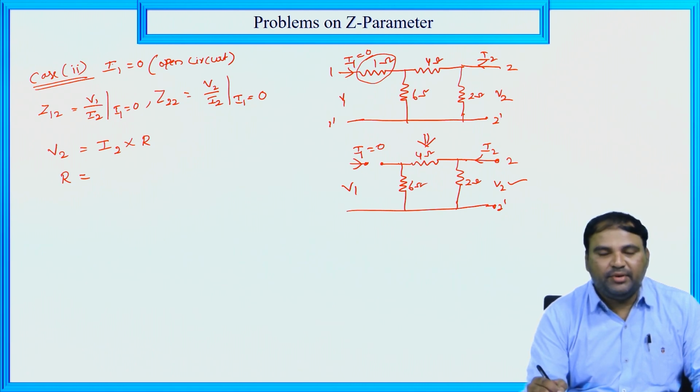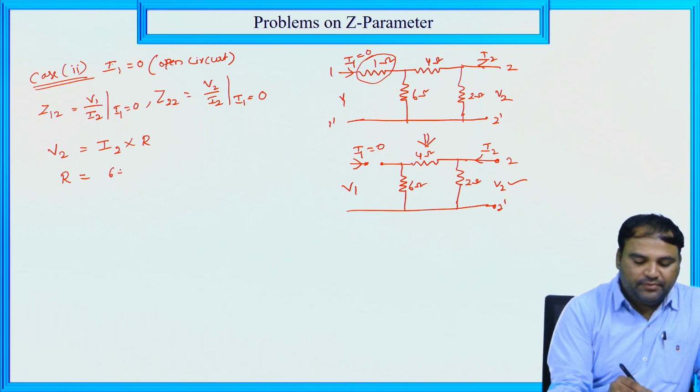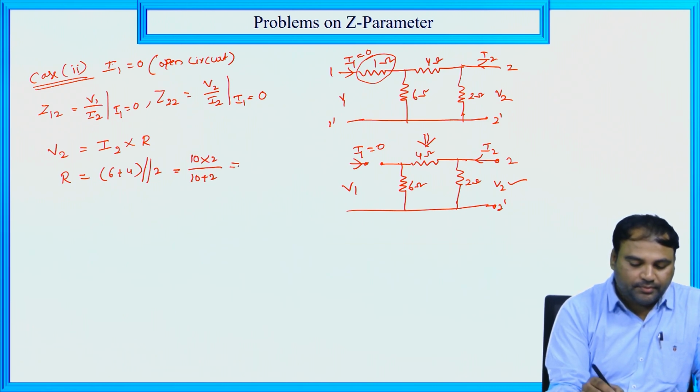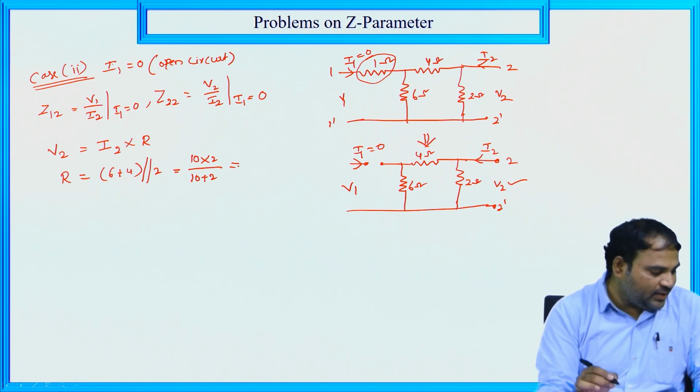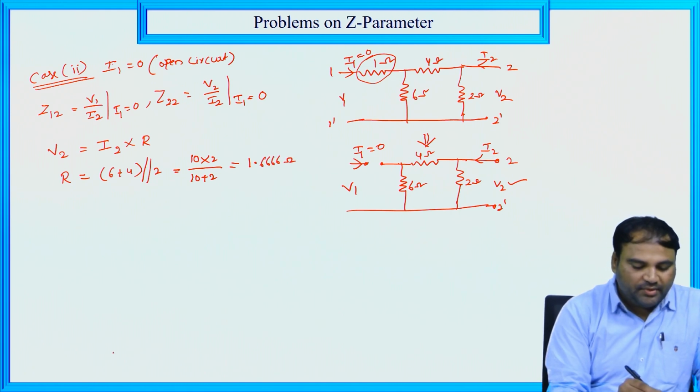This series combination is in parallel with 2. So 6 plus 4 is 10, and 10 into 2 divided by 10 plus 2 gives us 1.6666 ohm.